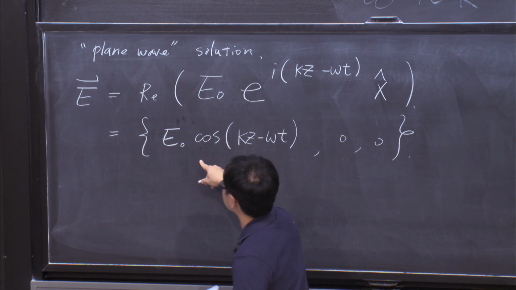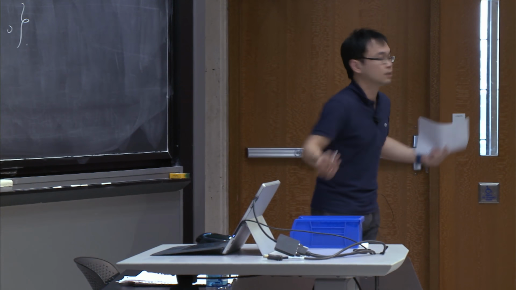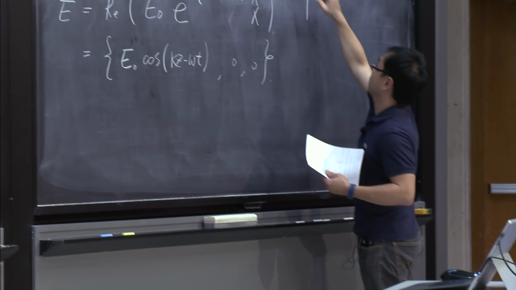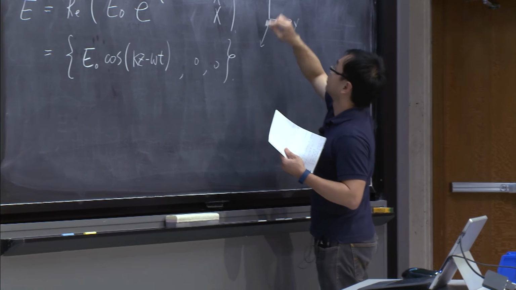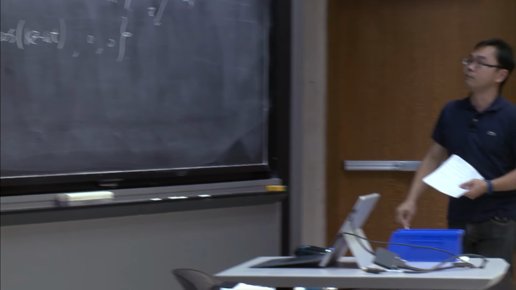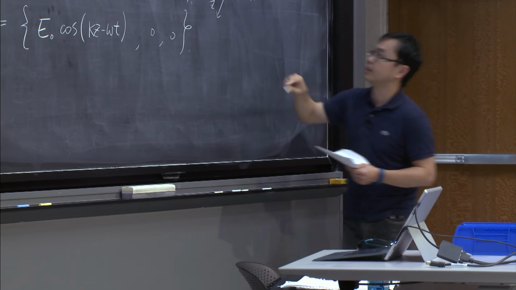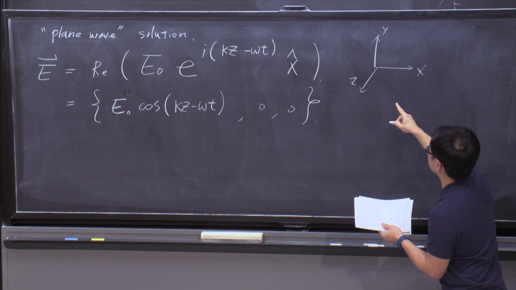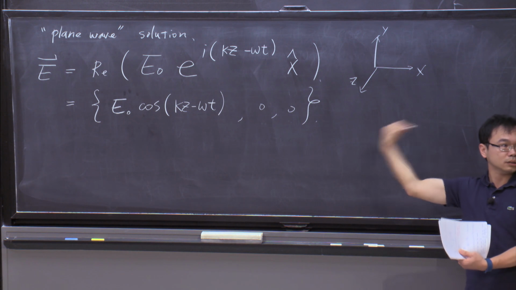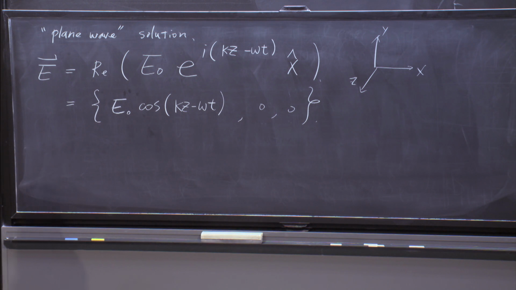That is what I mean by plane wave, and the electric field is filling the whole space in the example which I discussed here. If I define my coordinate system like this, x in the horizontal direction, then all the electric field is pointing toward the x direction in this coordinate system.